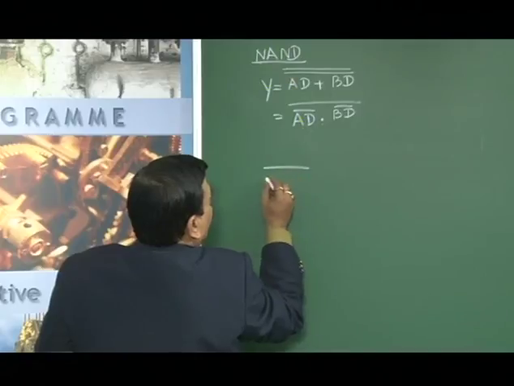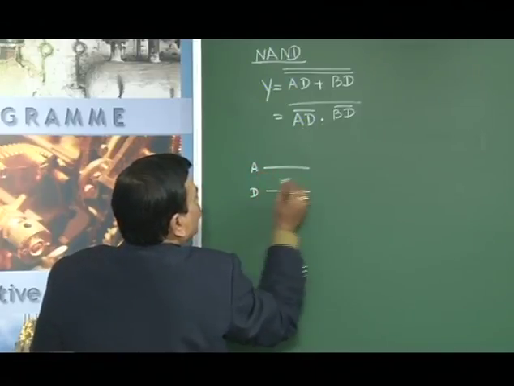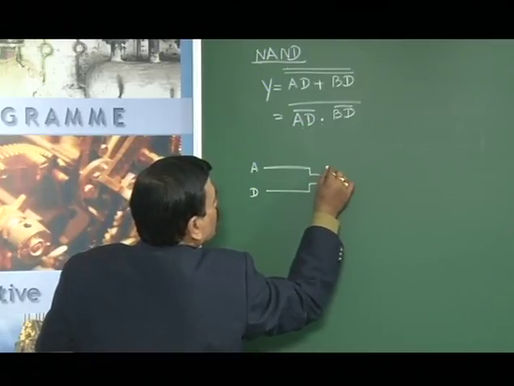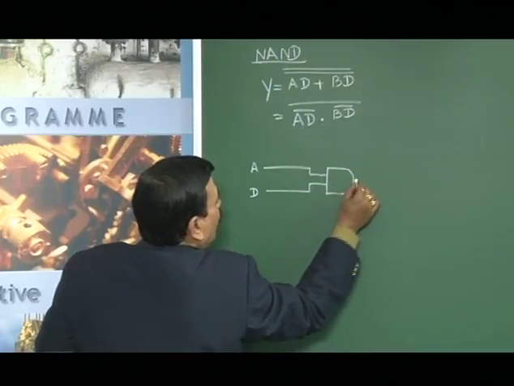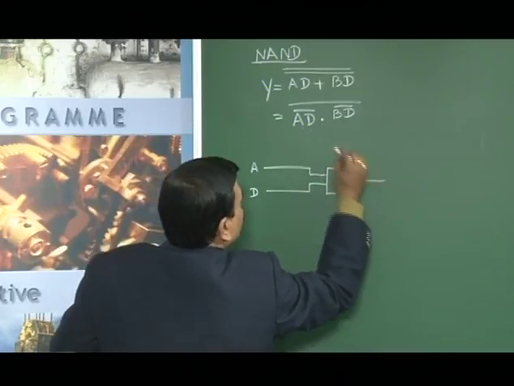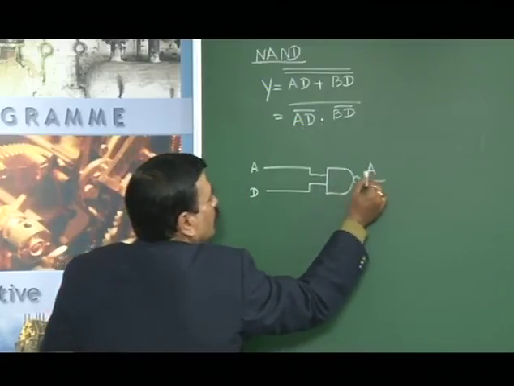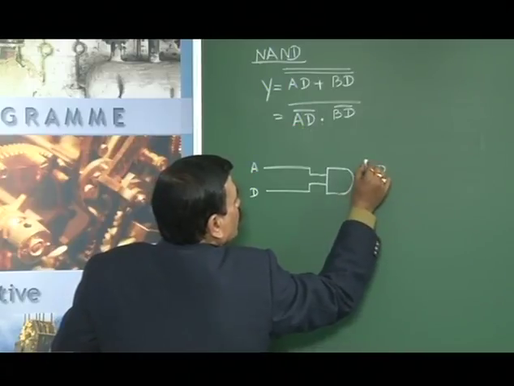So A and D are taken here. After that, these two inputs are made available at the input terminals of one NAND gate. Then automatically the output of this NAND gate is nothing but the multiplication of A and D along with the complement.